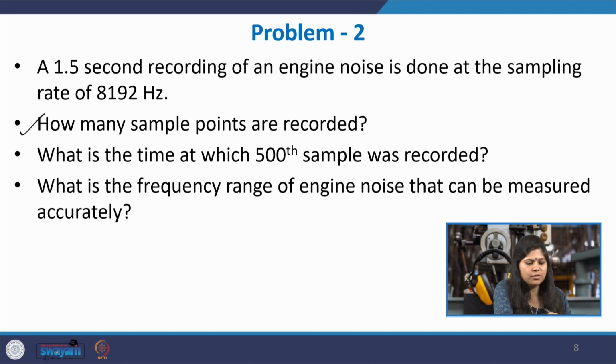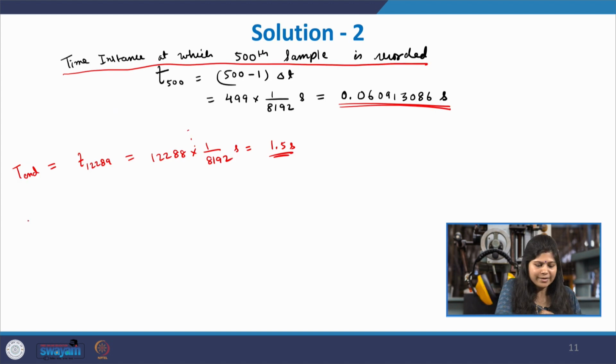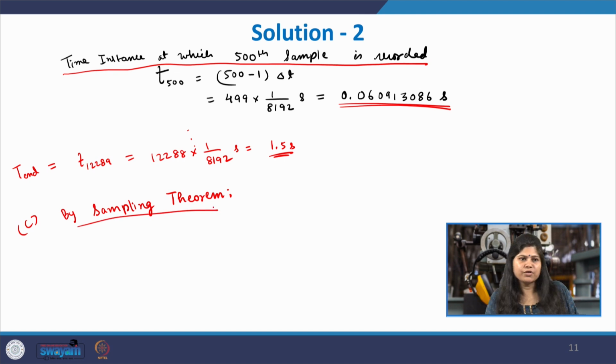What is the frequency range of engine noise that can be measured accurately? Here, to find out the frequency range, we have a particular sampling rate and we want to see what frequencies can be recorded. Let us use the sampling theorem, which is also called the Shannon-Nyquist theorem.